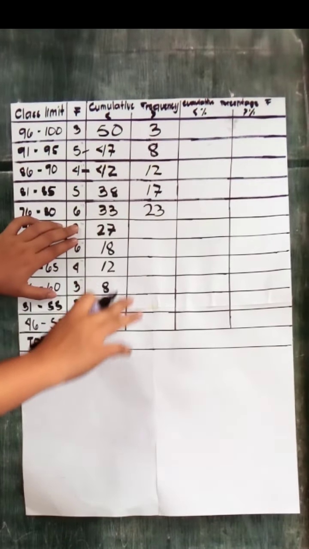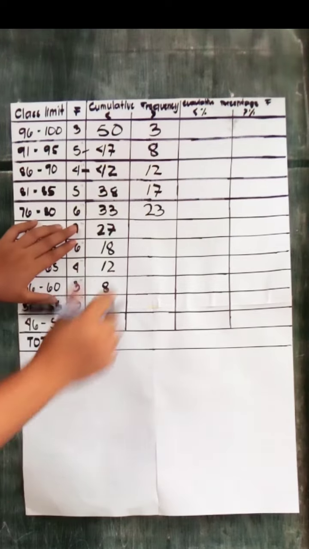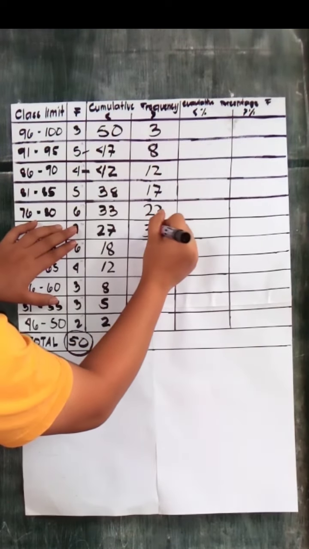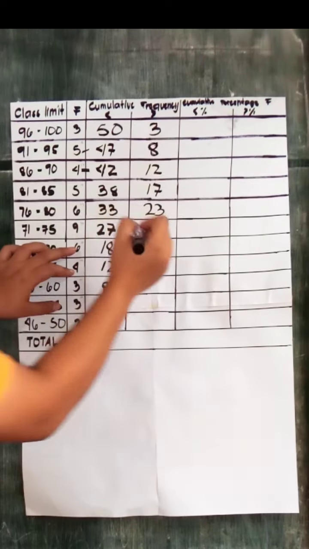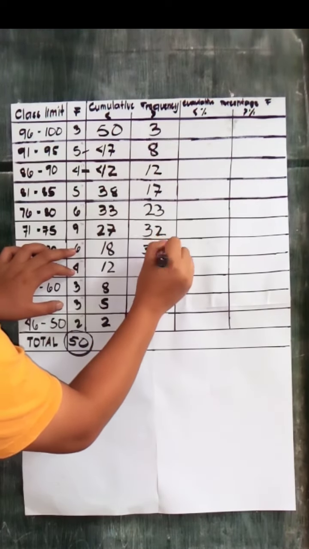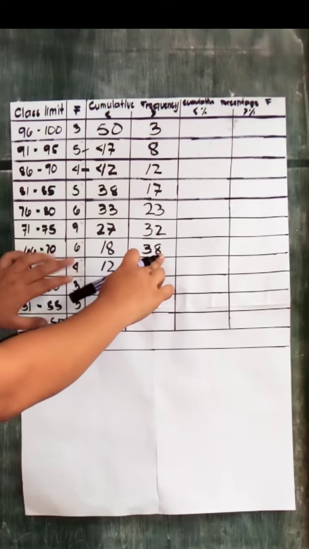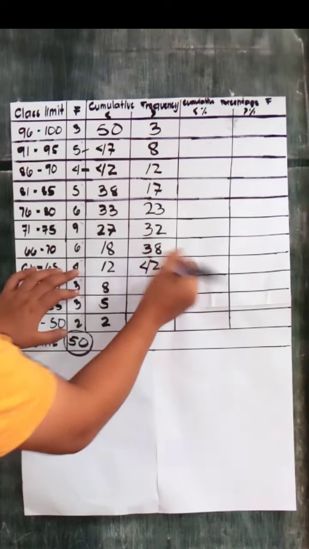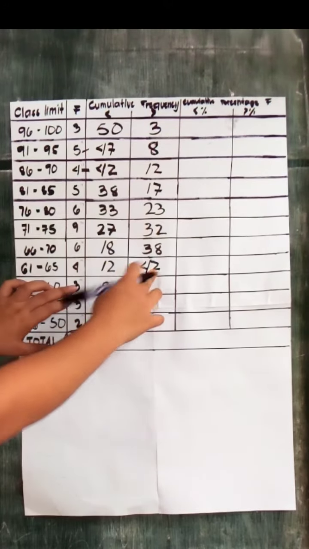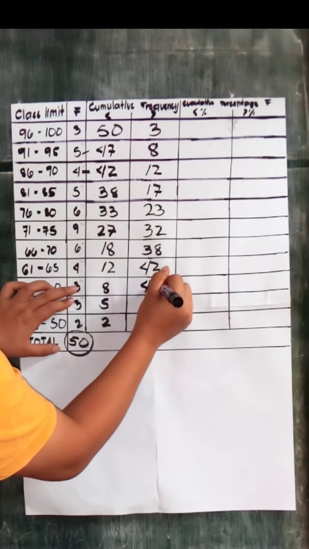23 plus 9 is equal to 32. 32 plus 6 is equal to 38. 38 plus 4 is equal to 42. 42 plus 3 is equal to 45.